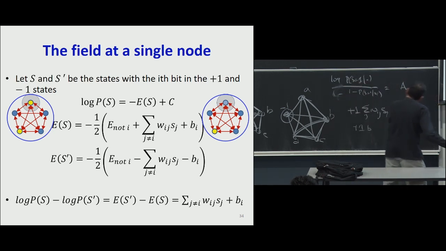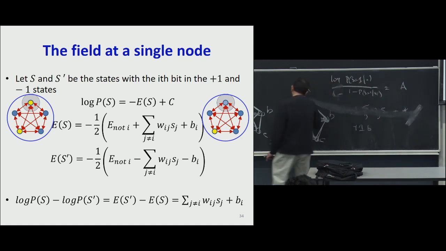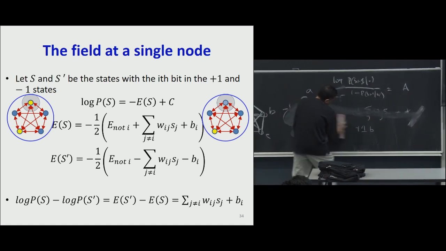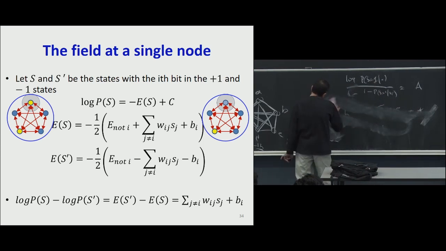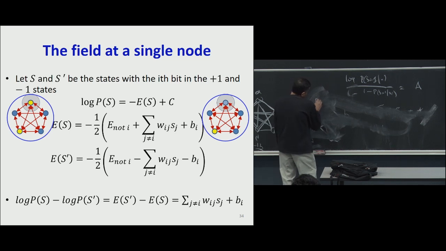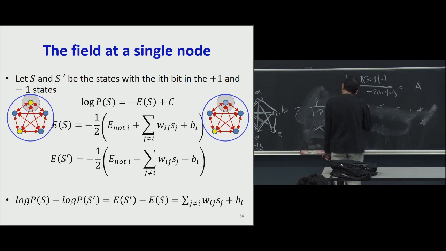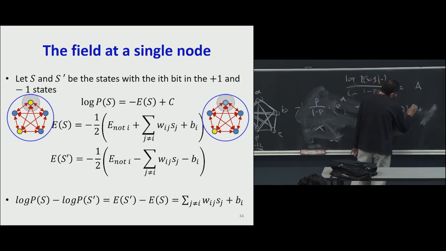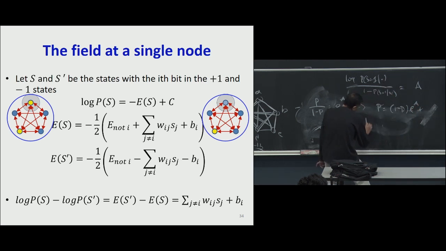So if I work through this and exponentiate both sides, I get p over 1 minus p equals e raised to a, which in turn tells me p equals (1 minus p) times e raised to a, or p times (1 plus e raised to a) equals e raised to a.